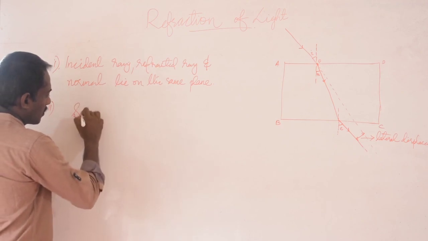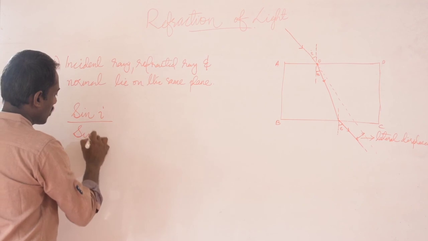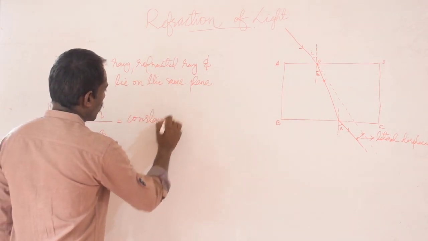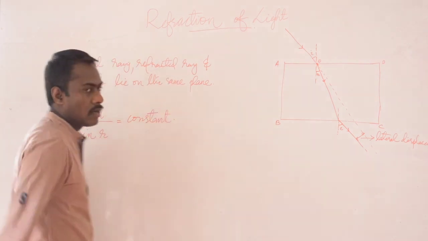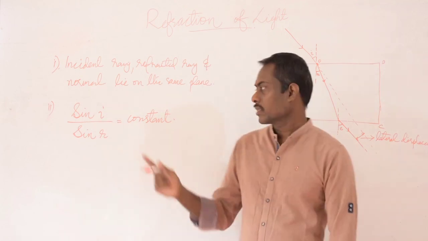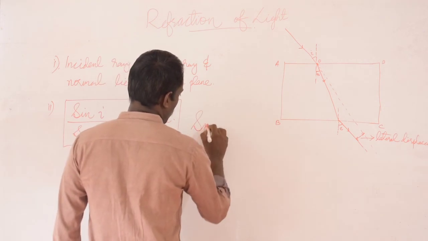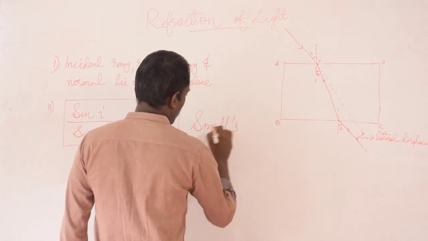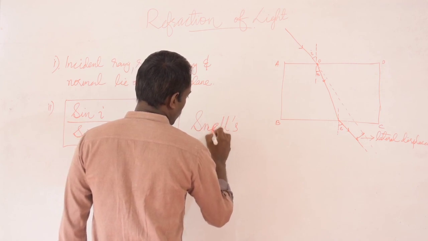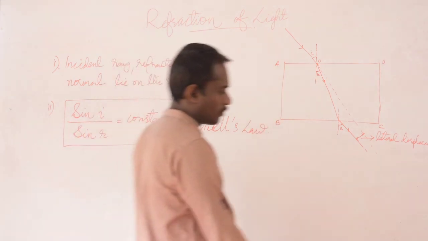It can be written as sine I divided by sine R is equal to a constant, and this constant is generally termed the refractive index of that medium, also known as Snell's law.